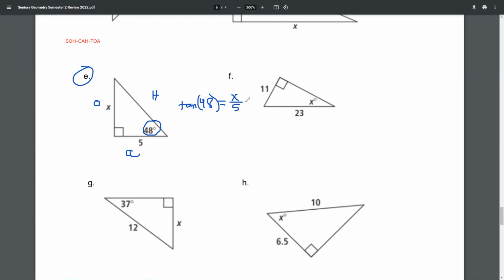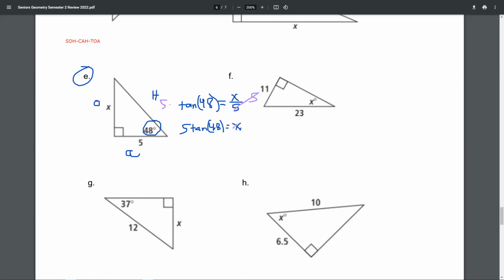I'm going to multiply 5 on both sides to get it out of the denominator. That's going to leave me 5 tangent 48 equals x. And then I can put that in my calculator.